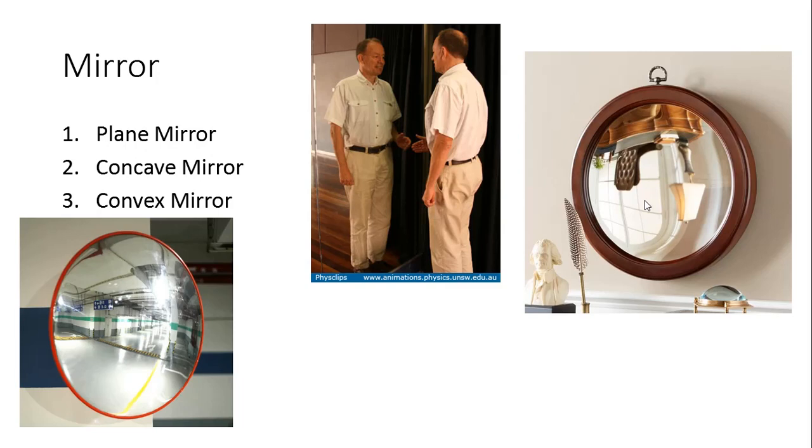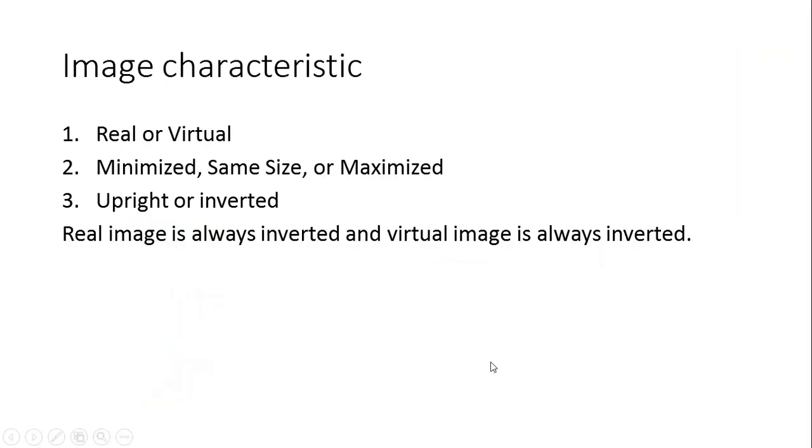Because in this case, the left hand will be on your left side and the position is reverse or upside down, and it is same with the real world. We can tell that the real image is always reverse or inverted because of this theory.